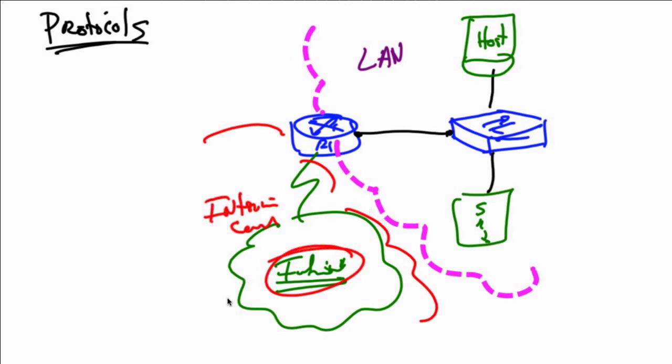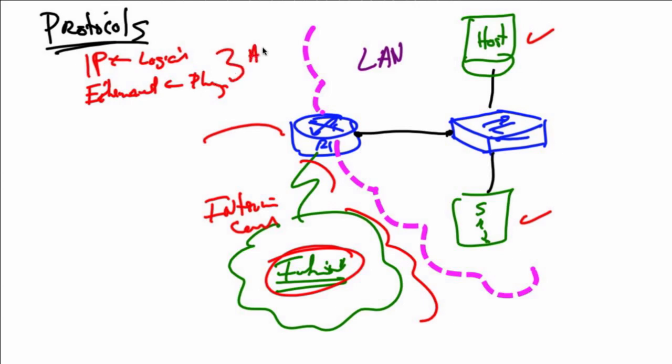And what we need to understand here is the protocols that we're going to use to communicate. Well, between hosts and our servers, we're going to use both the IP protocol for our logical addressing, and also remember we're going to use the Ethernet protocol for our physical addressing.